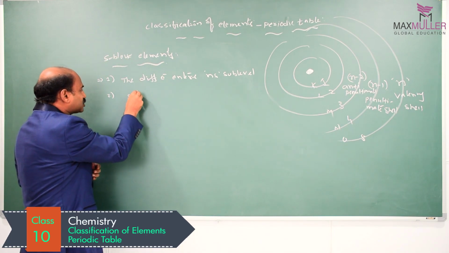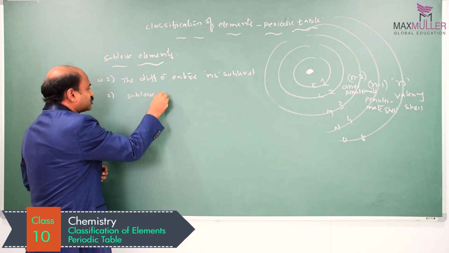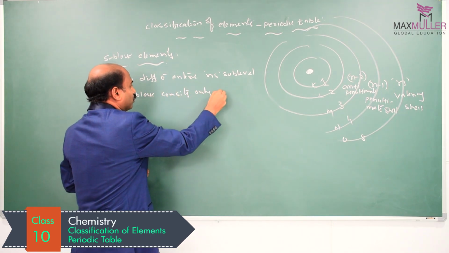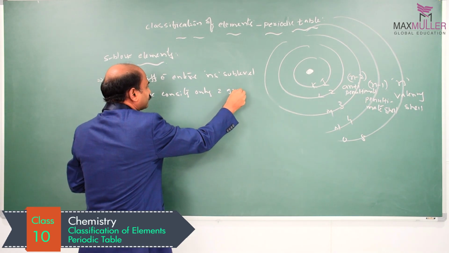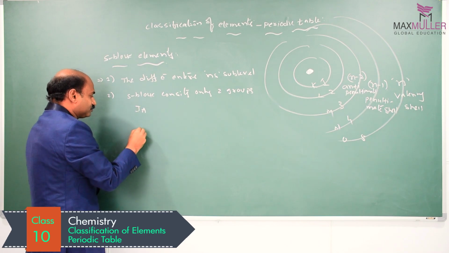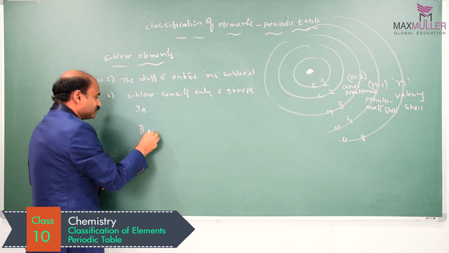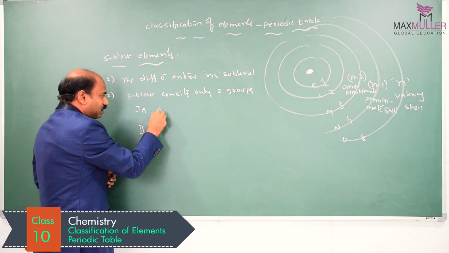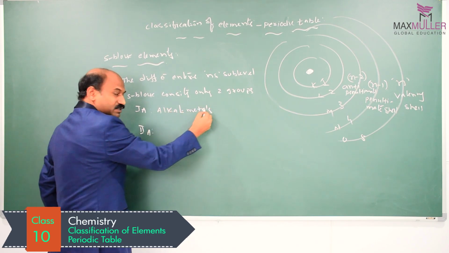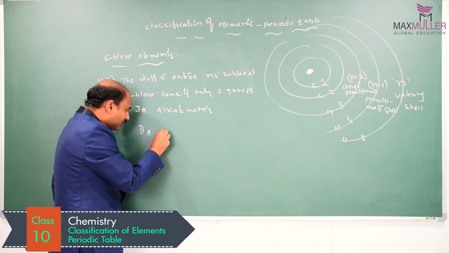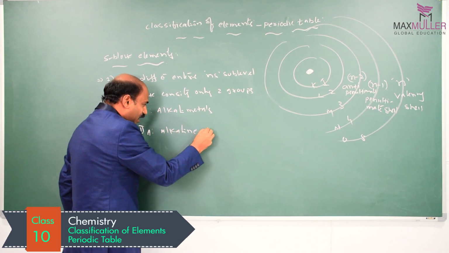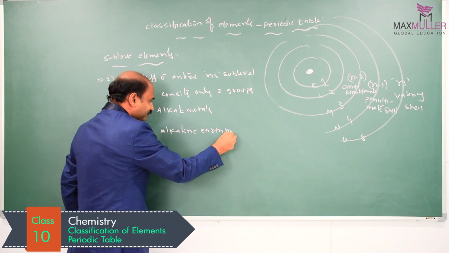So, s block consists of only 2 groups, 1A and 2A. 1A group elements are called alkali metals. 2A group elements are called alkaline earth metals.